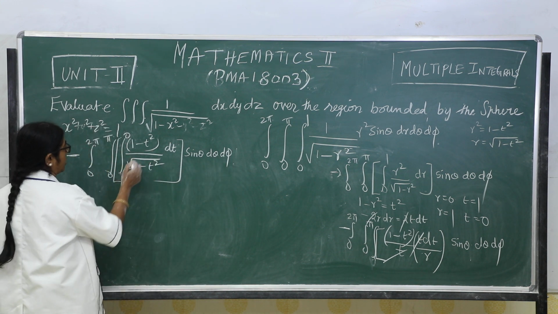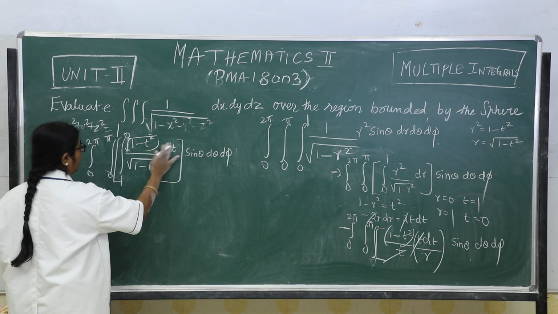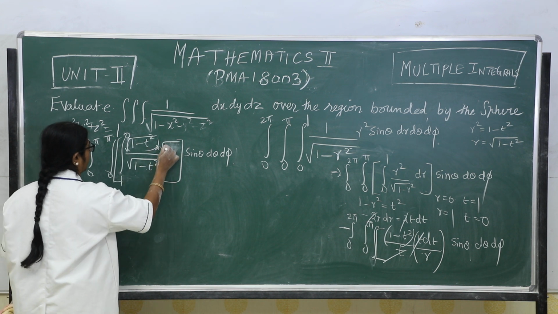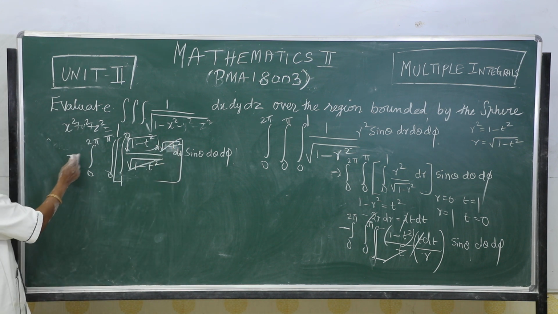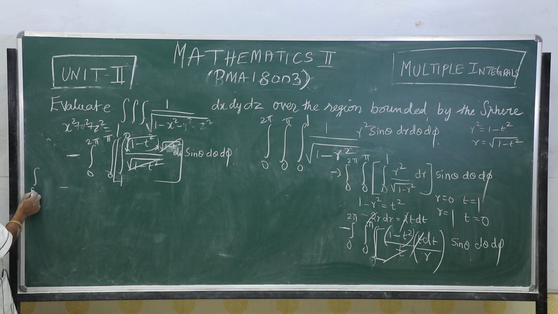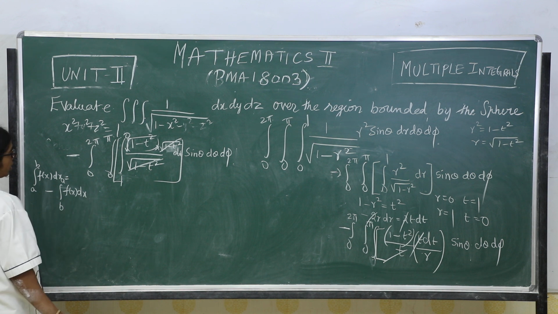So, I can write this as root, so this gets cancelled. What about the minus? You know that integral a to b f of x dx is equal to minus integral b to a f of x dx. That is one of the properties of integration.